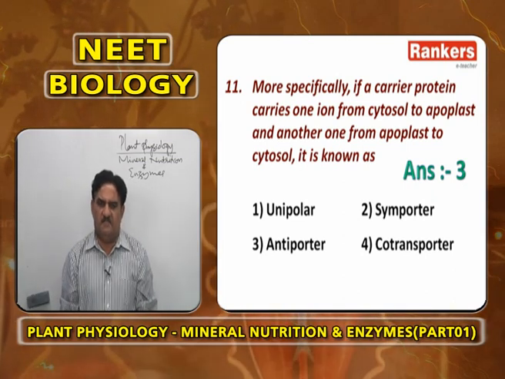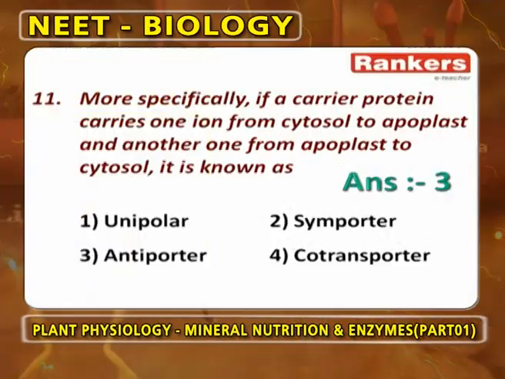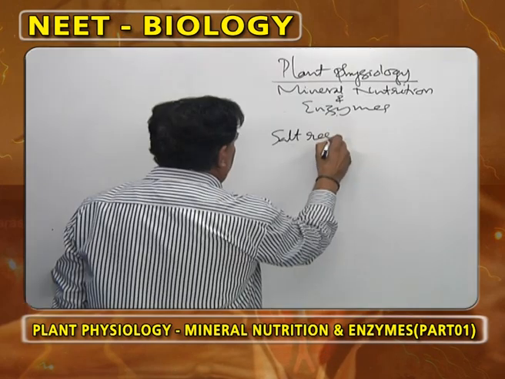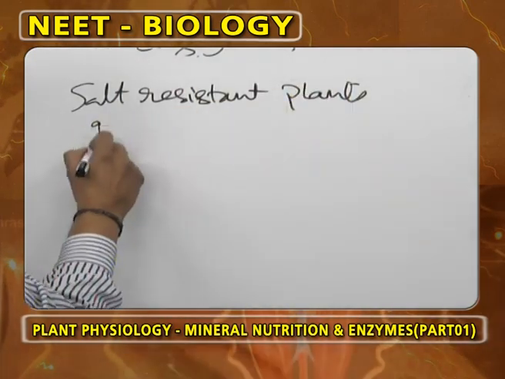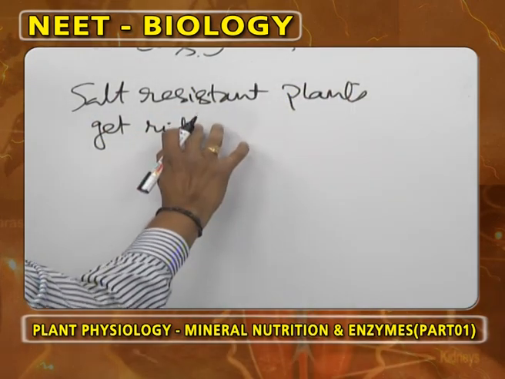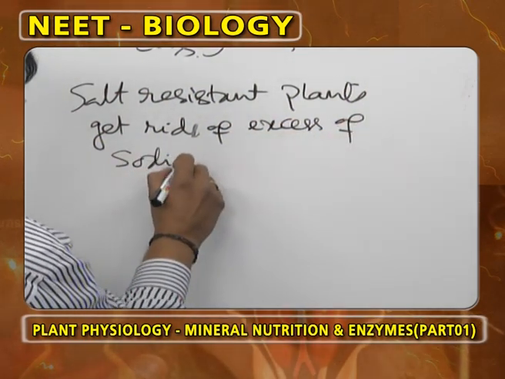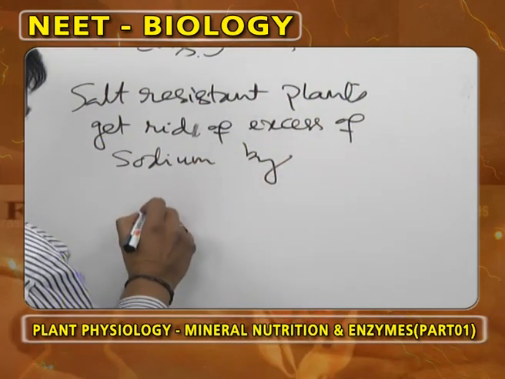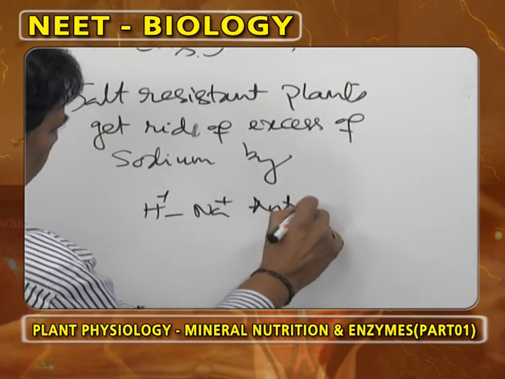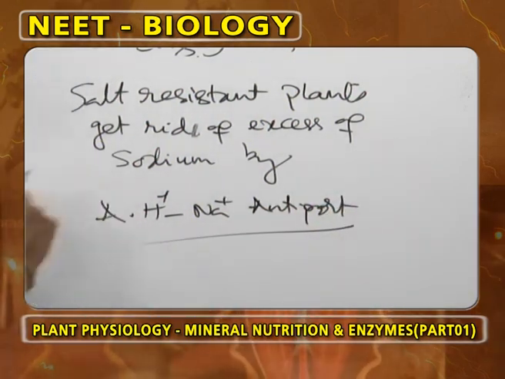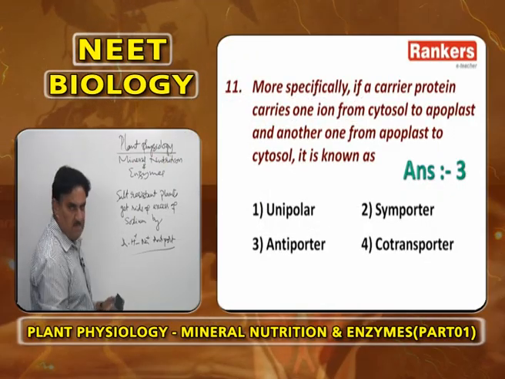A question is asked like this: the salt resistant plants get rid of excess of sodium. Some EAMCET question: salt resistant plants get rid of excess of sodium by which of the following methods?